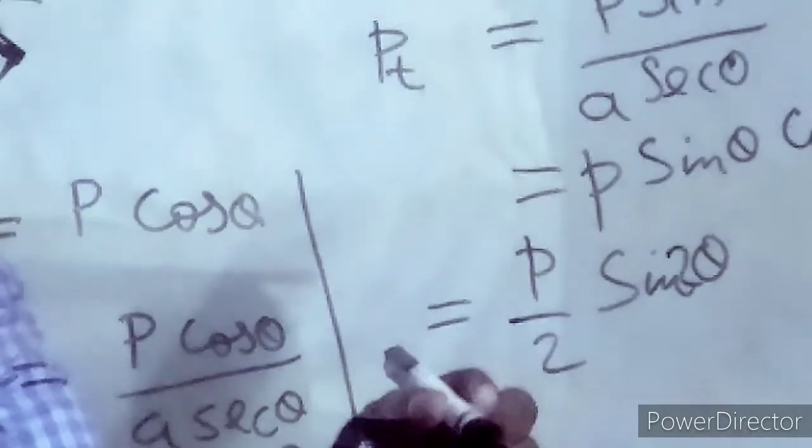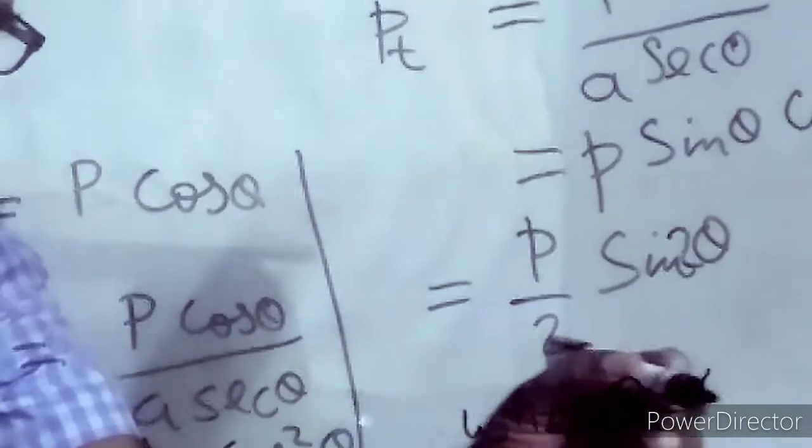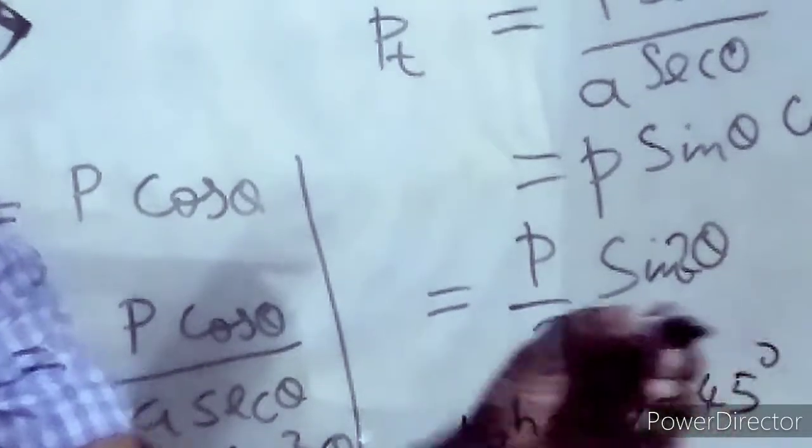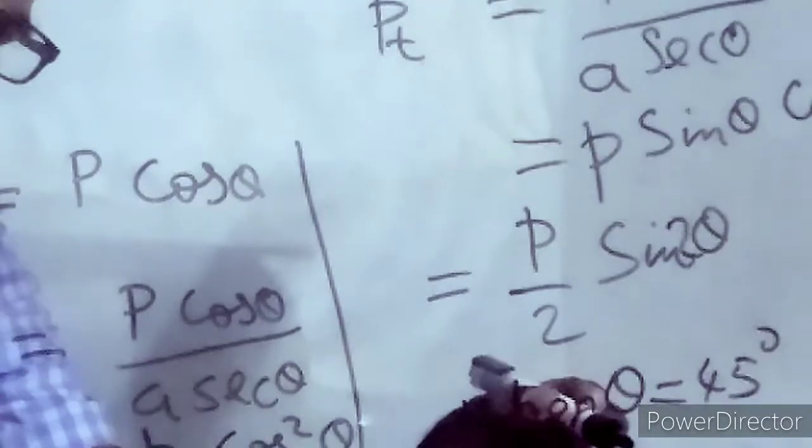When theta is equal to 45 degree, sin 2 theta is equal to sin 90, which is equal to 1.